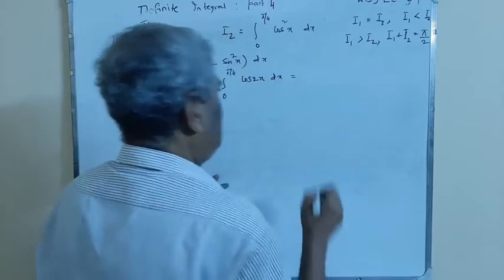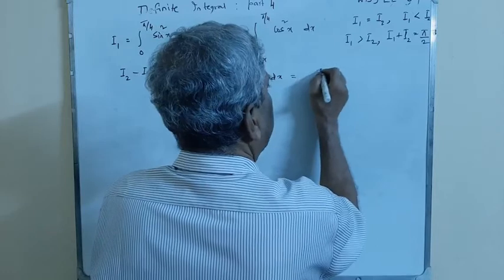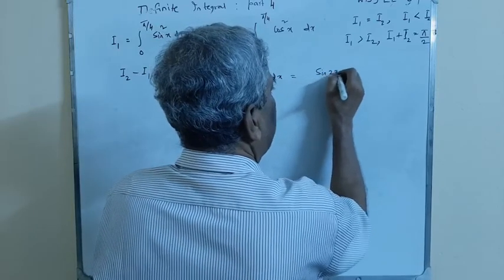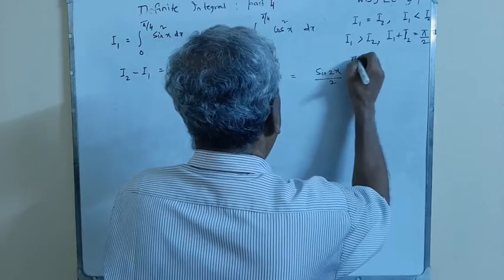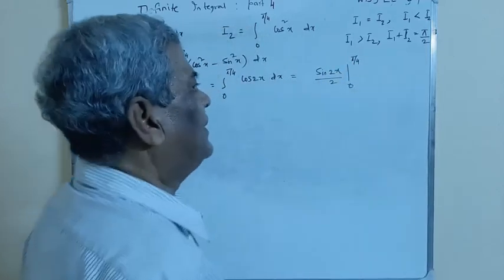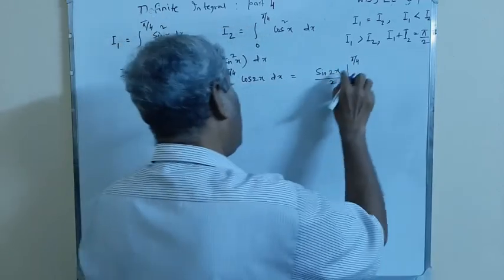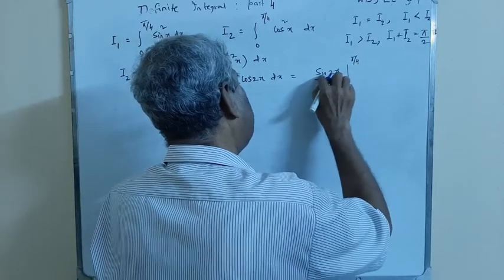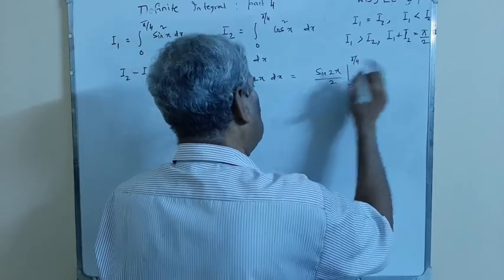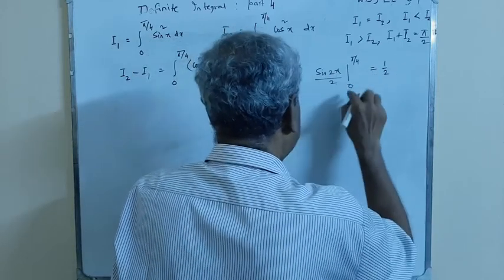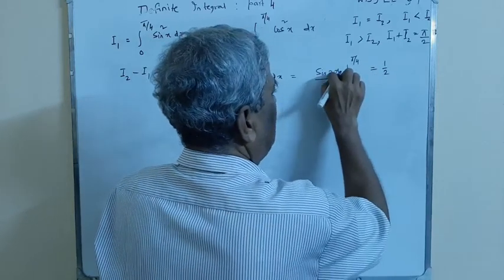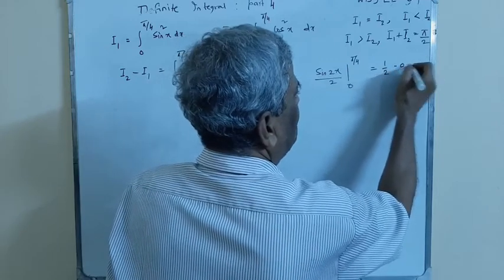It is equal to sine 2x by 2, from 0 to pi by 4. At the upper limit pi by 4 it is sine pi by 2, that is 1 by 2, minus, at the lower limit it becomes 0, minus 0.